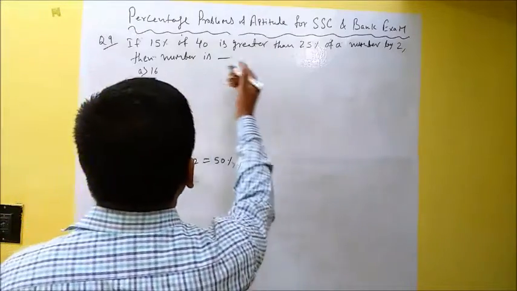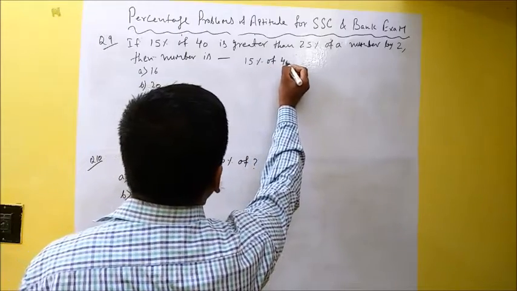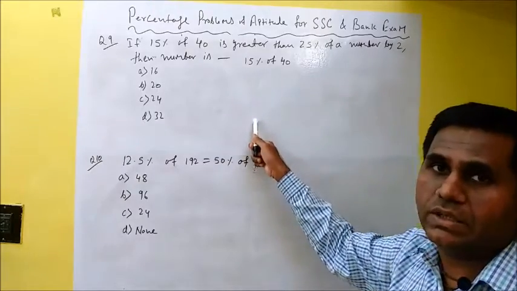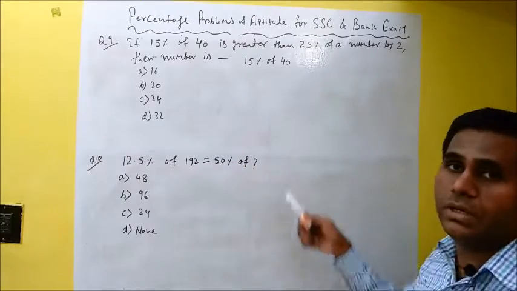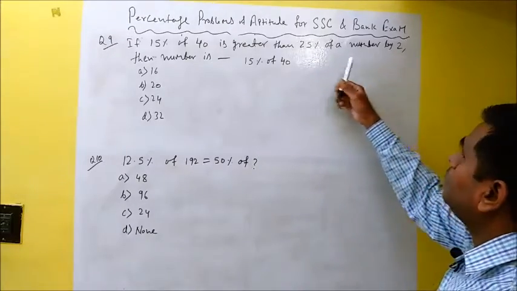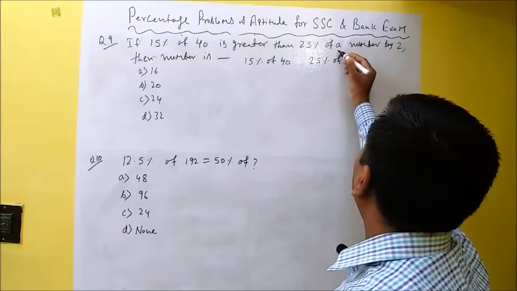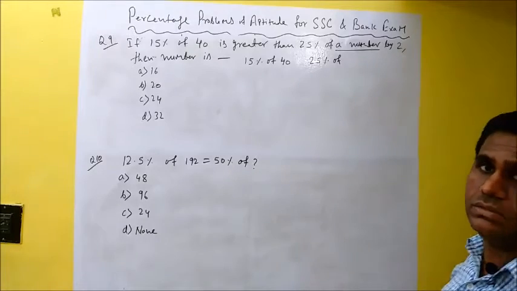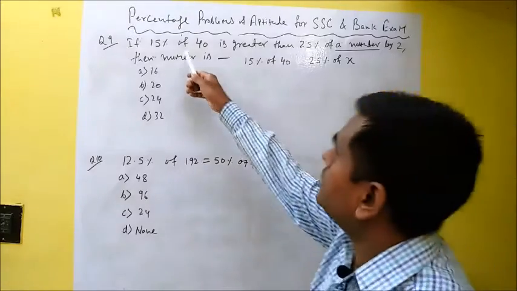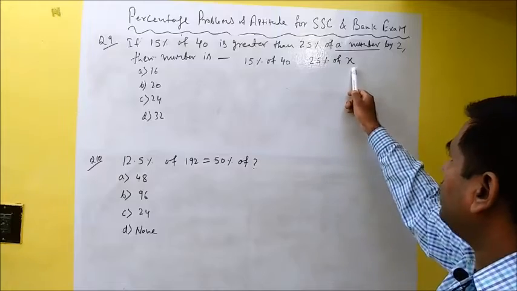So 15% of 40 is greater, meaning if you calculate this you will get some value, and that value is greater than 25% of a number. That number is missing, it's a variable, so I'll write x. So 15% of 40 is greater than 25% of x.